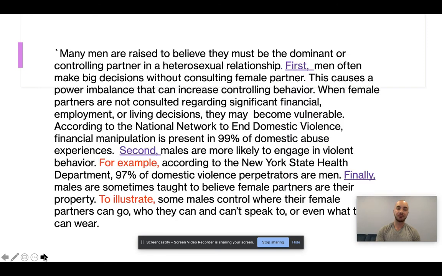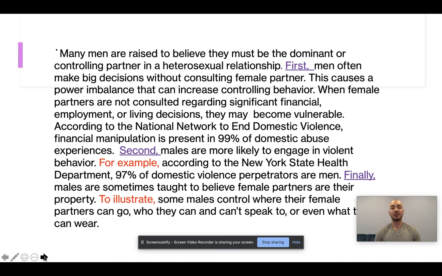Here's what I mean. In this example, what I've done is develop the first example a little bit more. And you'll notice that when we develop the first example a little bit more, it helps paint a clear picture in the reader's head as to why this example illustrates the topic sentence. So let's go ahead and read it. Many men are raised to believe they must be the dominant or controlling partner in a heterosexual relationship.